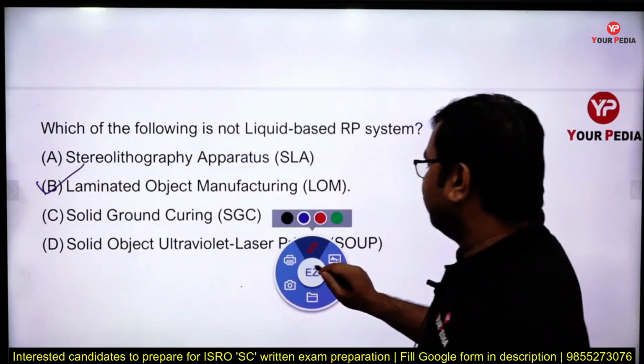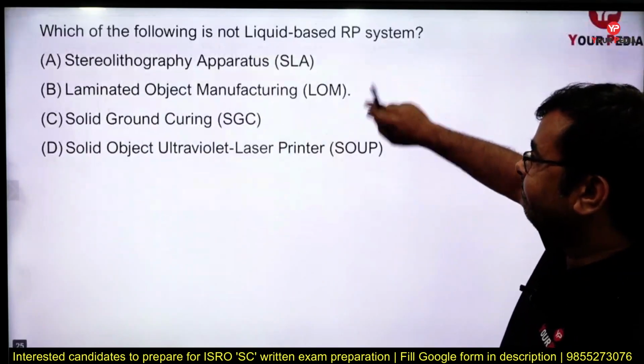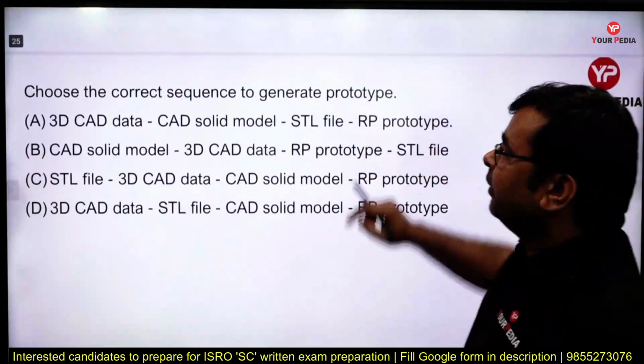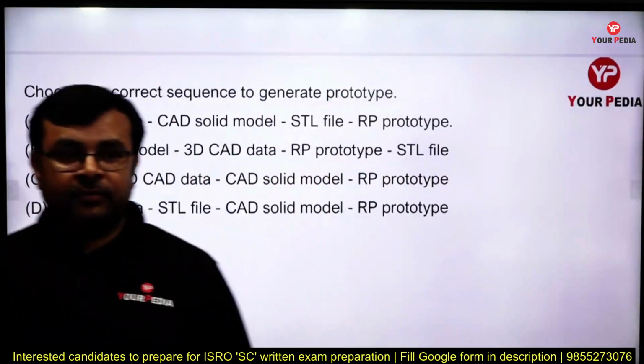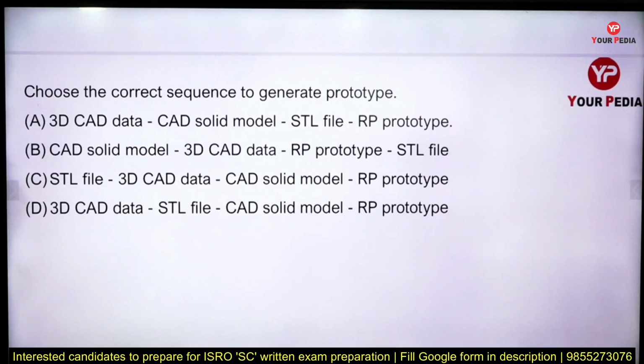Okay, so let us see another question. Choose the correct sequence of generating a prototype, correct? 3D CAD data, CAD solid modeling, STL file, rapid prototyping: not the correct answer. CAD solid modeling, 3D CAD data, rapid prototyping, STL file: again, this is not correct.